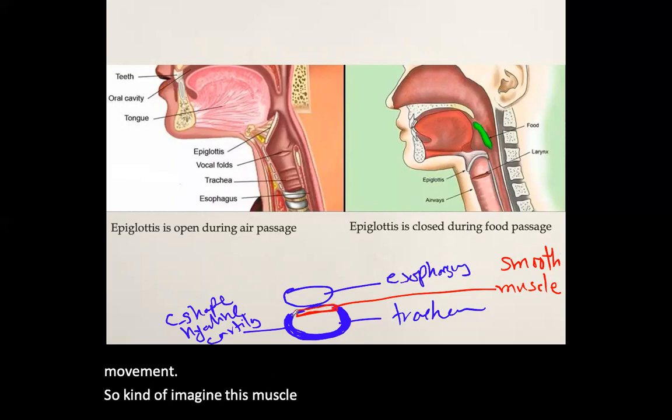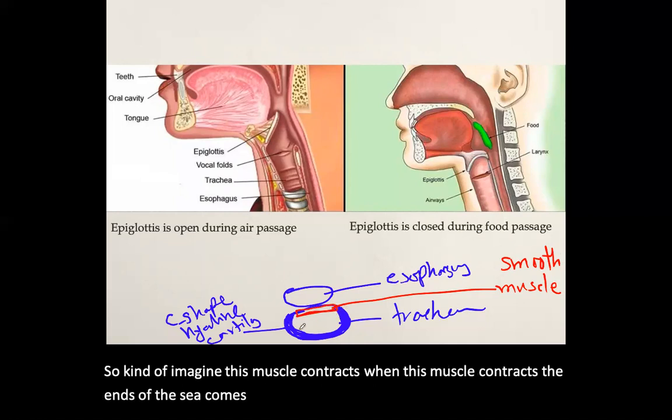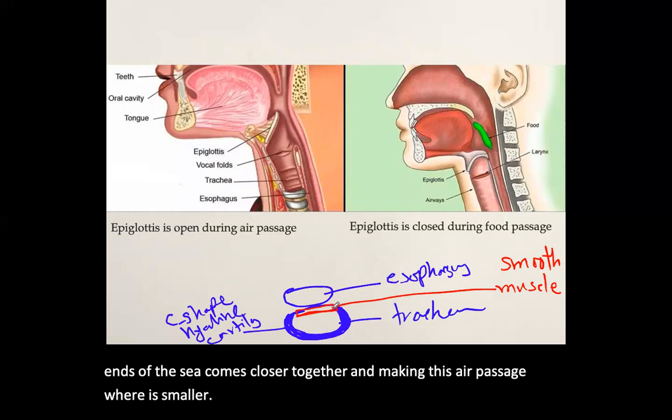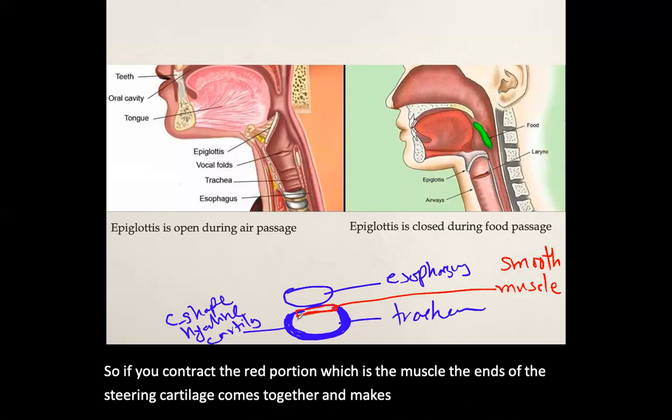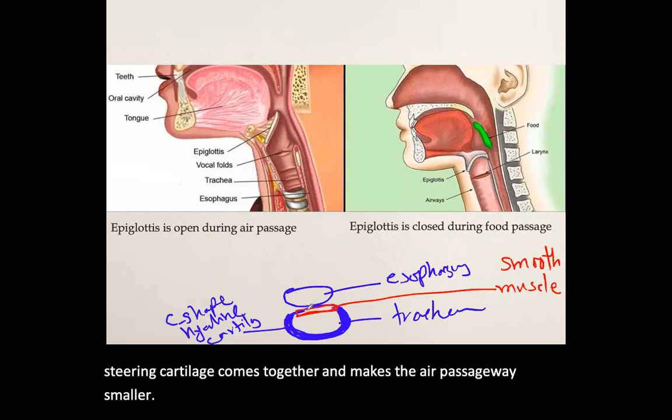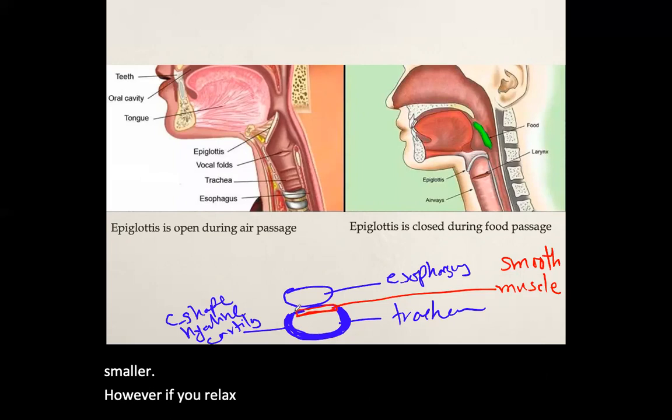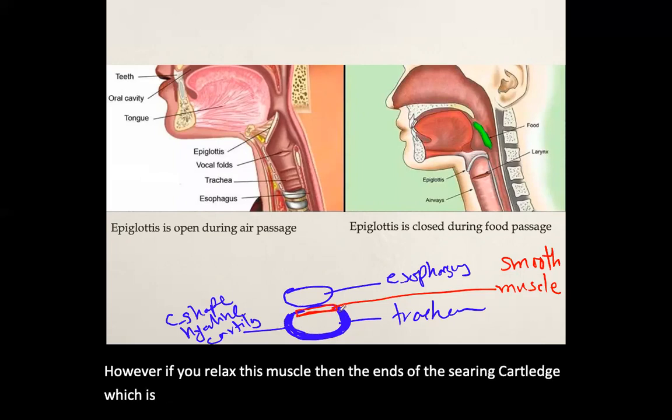When this muscle contracts, the ends of the C come closer together, making the air passageway smaller. So if you contract the red portion, which is the muscle, the ends of the C-shaped cartilage come together and make the air passageway smaller. However, if you relax this muscle, then the ends of the cartilage are farther apart from each other, and therefore the air passageway is wide open.